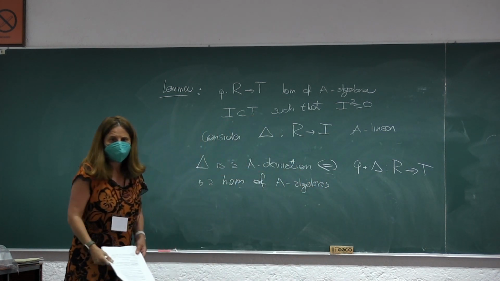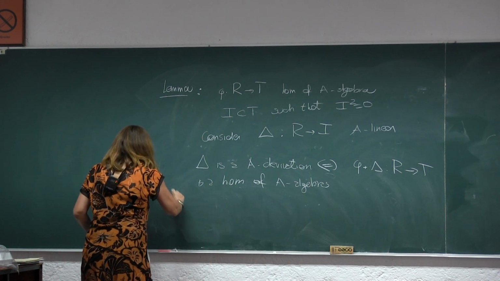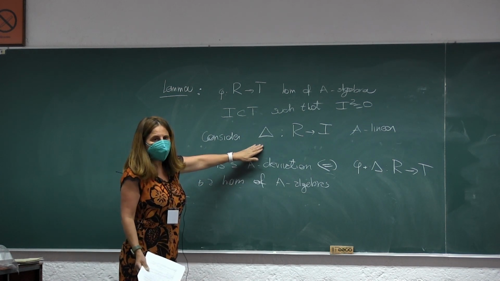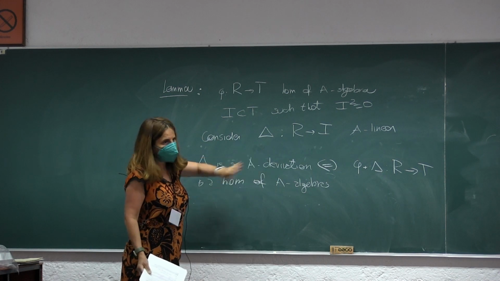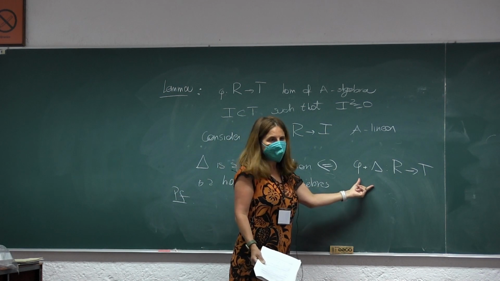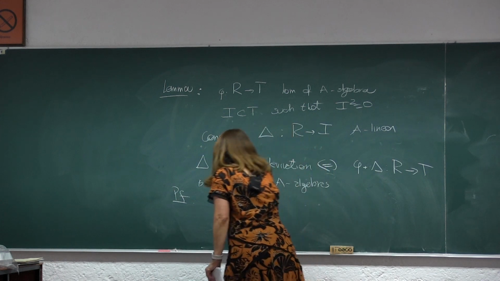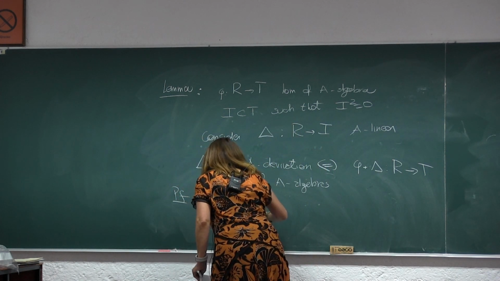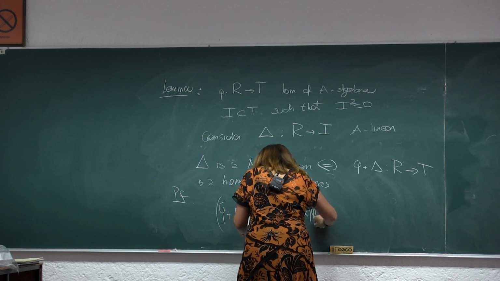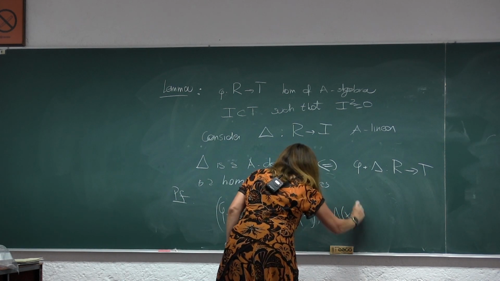Okay? And this is extremely easy. Could have given it as homework. Remember that this is already linear. You just have to show that it has the Leibniz rule. And how do you do the Leibniz rule? You use what you know here. Actually, we see that they are equivalent. So what does it mean that this is a homomorphism? It means that if I apply it to xy, this is phi of xy plus delta of xy.